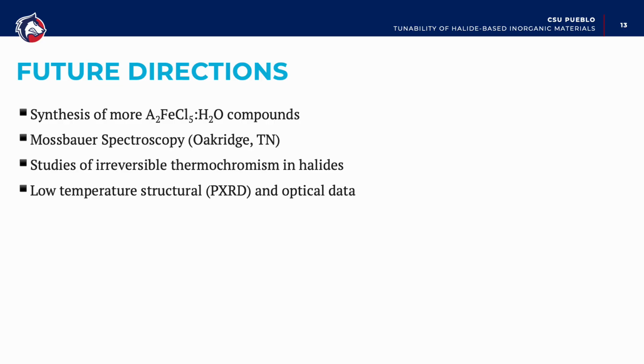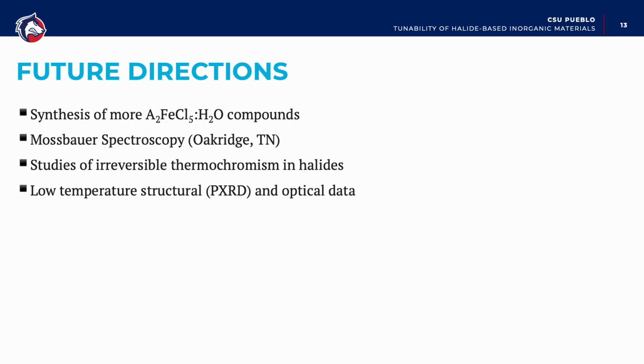We're also going to confirm the space group of my possibly non-hydrated rubidium iron chloride compound, and I hope to learn a bit more about the electronic transitions of these materials with Mössbauer spectroscopy, which is only done in a few places at the moment, but for sure we know that it's being done at the Oak Ridge National Lab.